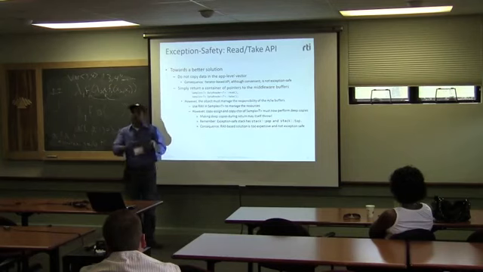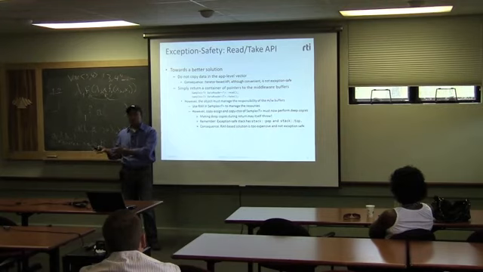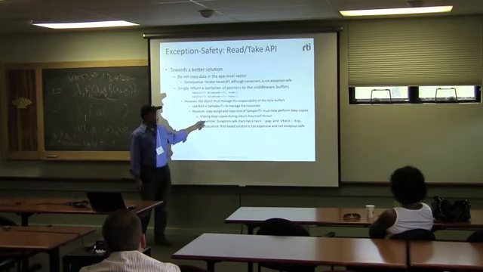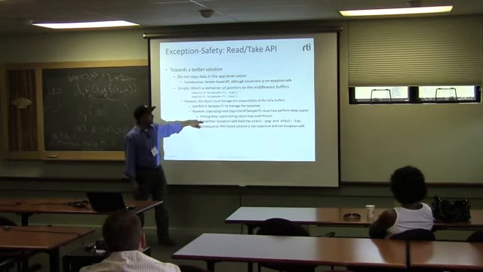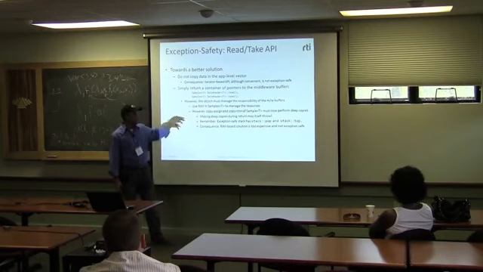If pop returned the object and the copy constructor threw, then you really lost the top of the stack, but the application doesn't have it. So that's the same problem here. That's why it's been divided into two, but this particular example doesn't work here. We have a better solution than that. Does that make sense why this analogy applies here in case of exceptions?